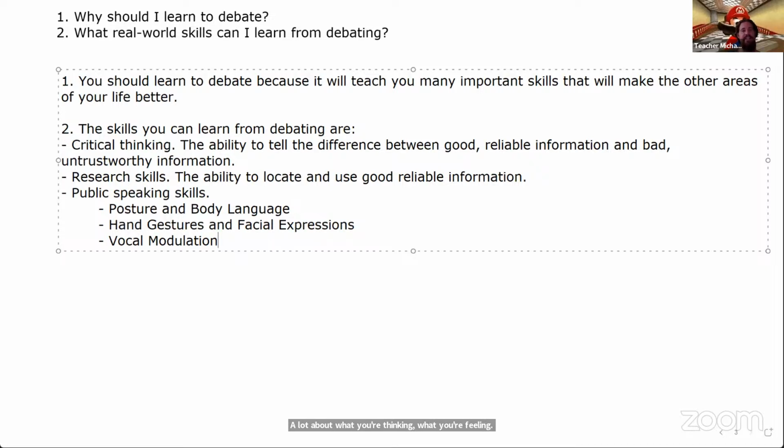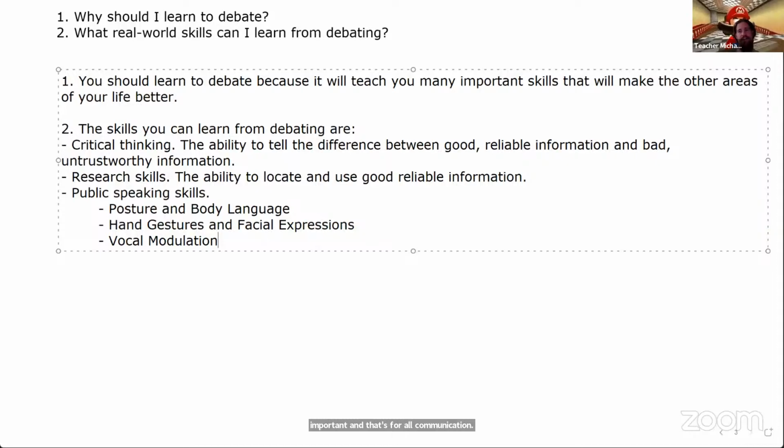So the ability to at least know about and be able to attempt to control these different parts of your body language, even down to your facial gestures, your hand gestures, and how you use your voice. All of these things are very important, and that's for all communication.